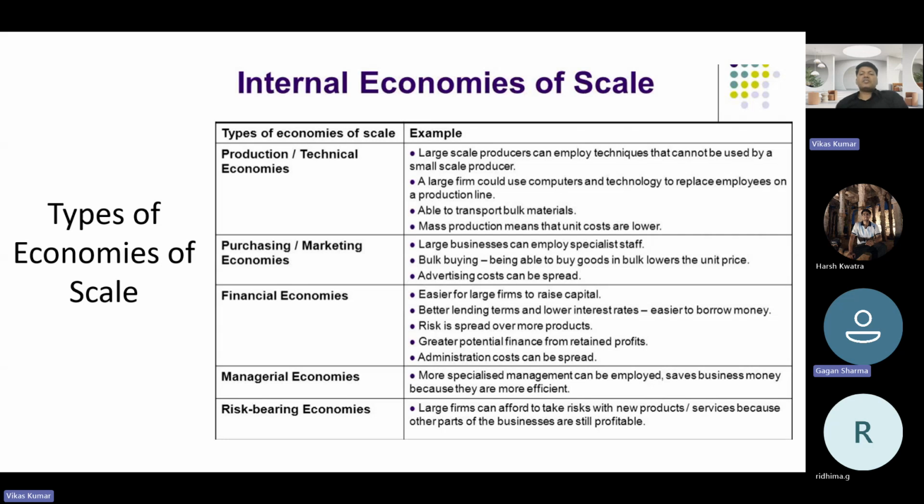So these large businesses can employ specialist staff. Bulk buying, being able to buy goods in bulk, lowers the unit price, and advertisement cost can be spread over the large production capabilities. So within the organization, these are the purchasing economies or marketing economies.